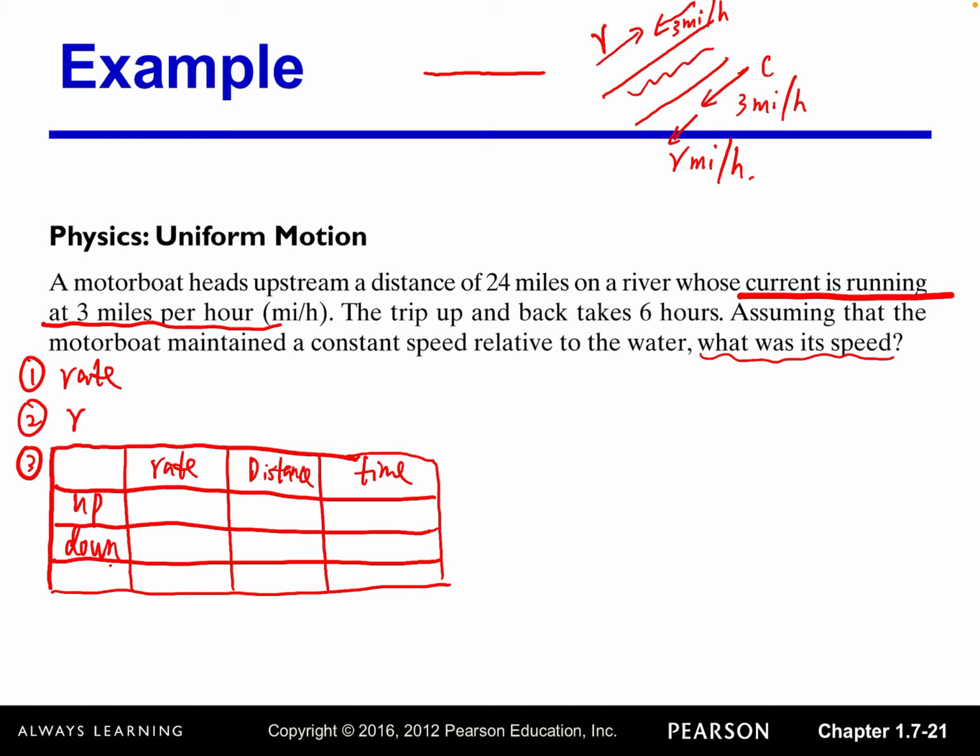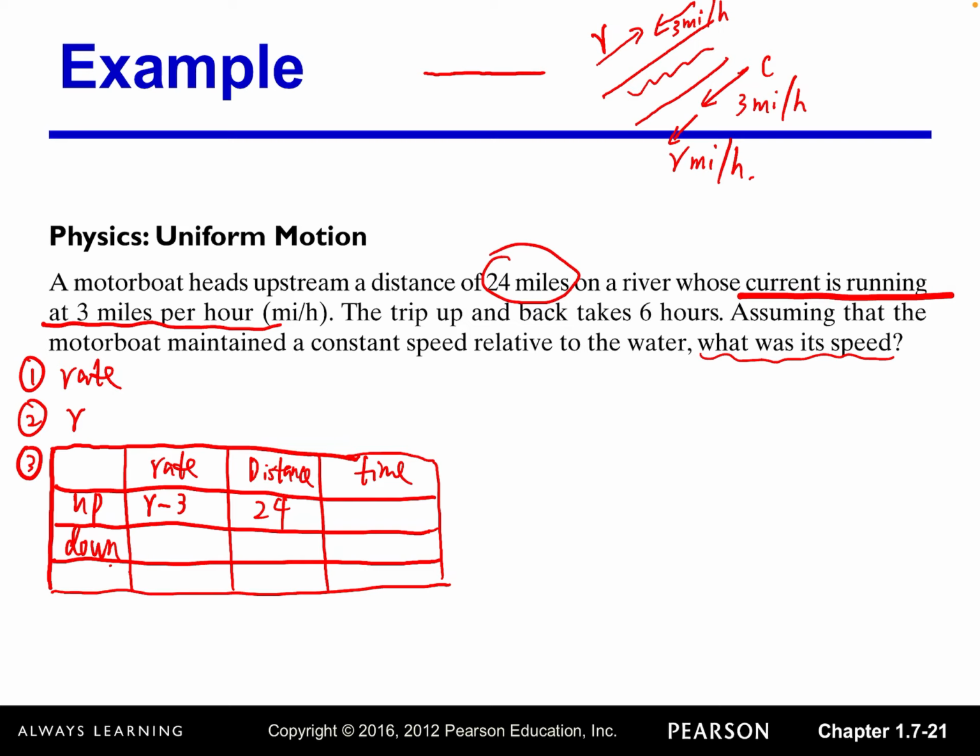So the travel rate when the motorboat is going upstream: since the current flows in the opposite direction, it slows down the actual travel rate. So the motorboat travel rate should subtract the current's rate, giving the upstream travel rate r minus 3. The upstream travel distance is 24 miles, given by the problem.